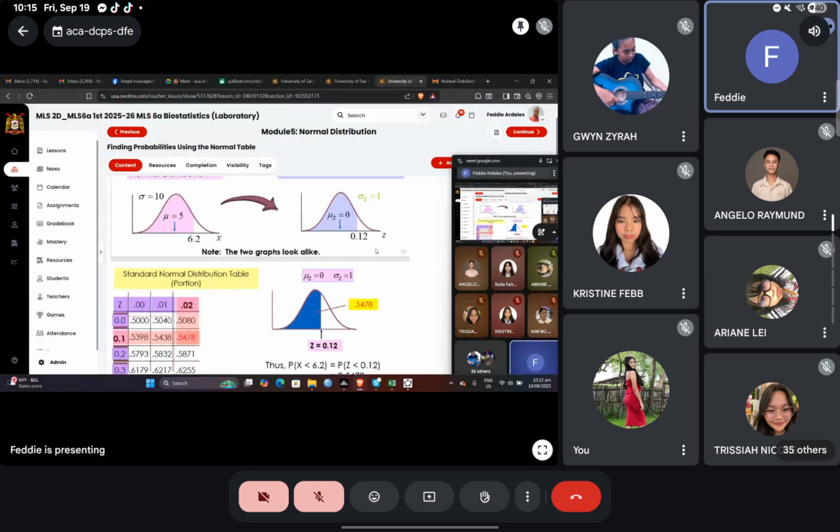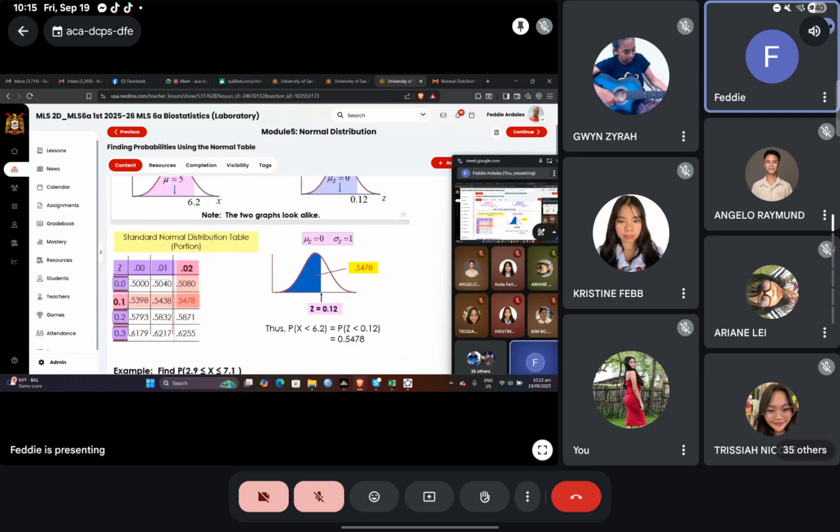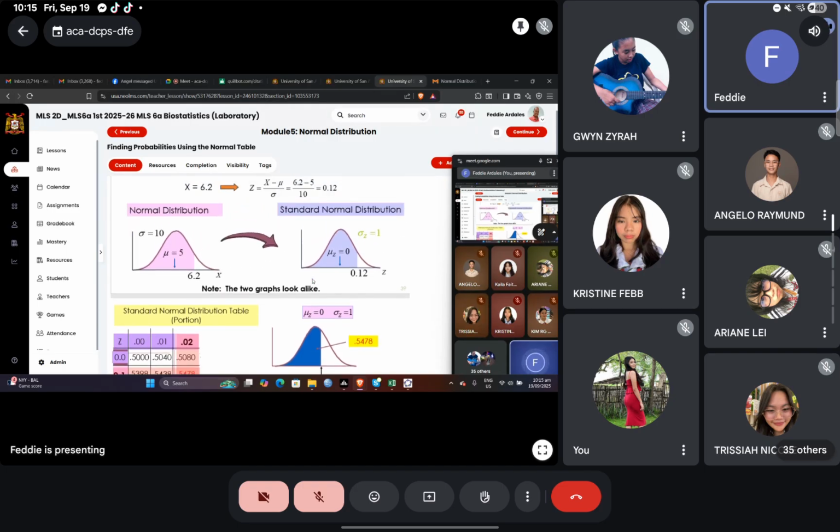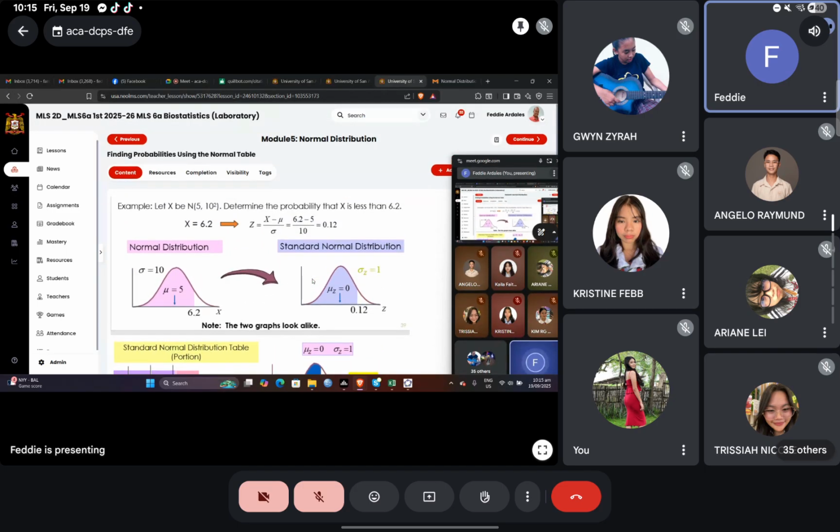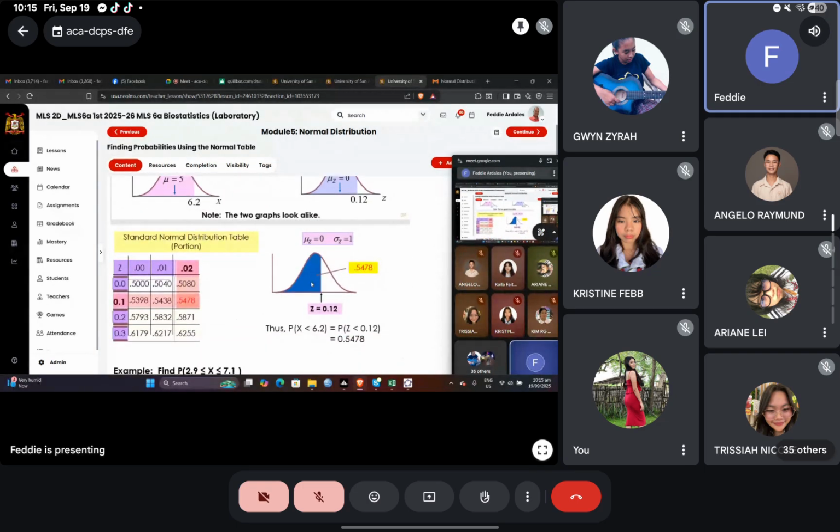So 0.1 in column 0.02 will give you 0.5478. So this area is 0.5478, and that is the probability that x is less than 6.2 using the table.